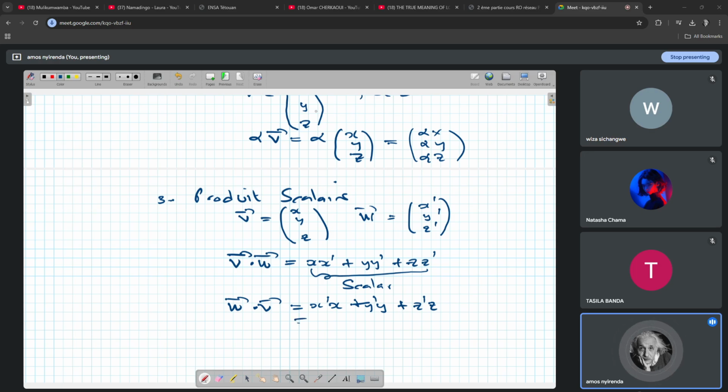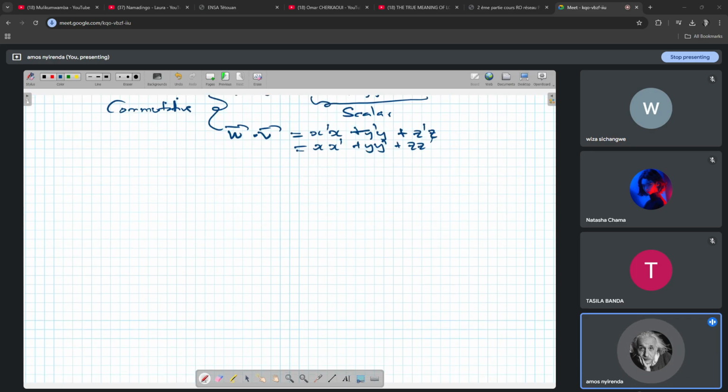We know that multiplication as an operation is commutative, so I can get back to x x prime plus y y prime plus z z prime. So we see that this dot product is going to be commutative, like so. Très important.